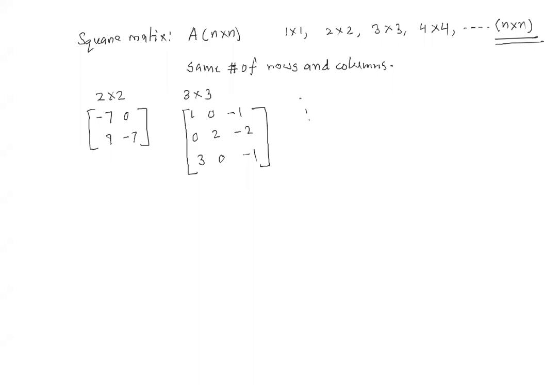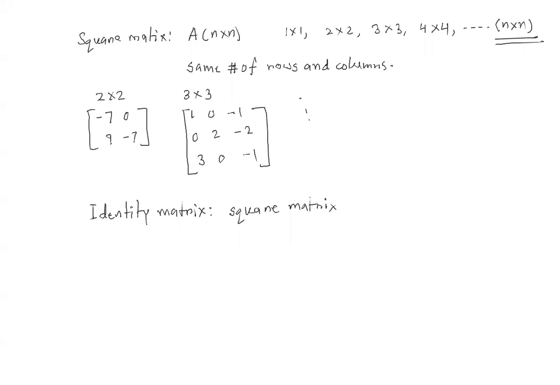Now, next, I'm going to define something called an identity matrix. What is an identity matrix? An identity matrix is a square matrix. Now that you know what a square matrix is, you know what I'm talking about, right? A matrix that has the same number of rows and columns.